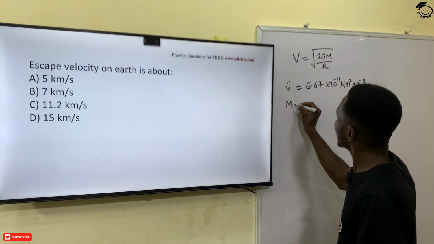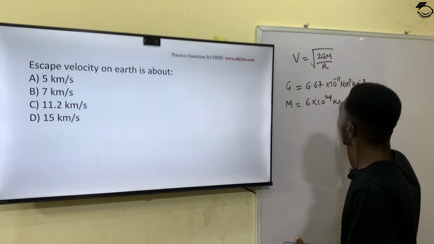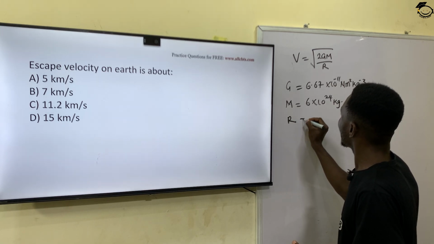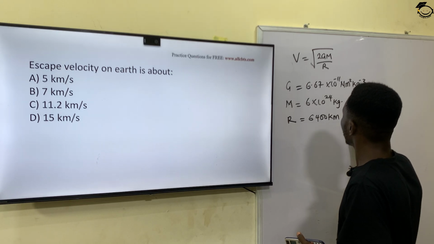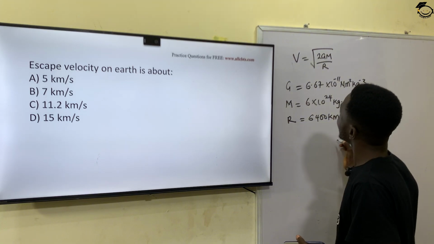The mass of the Earth is 6 times 10 raised to the power 24 kilograms. The radius of the Earth is 6,400 kilometers, which is 6.4 times 10 raised to the power 6 meters.